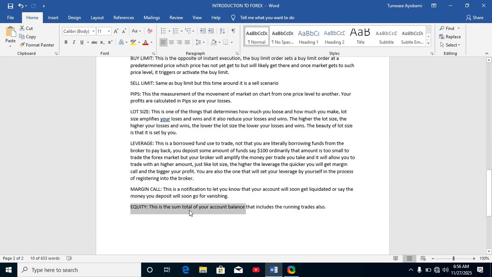It's not until you close your trade that you now have your final equity. Now either you lose or you're in profit. You are calculating your equity based on your total deposited amount and the trades that are currently running. That's how you calculate your equity. So that's what equity simply is.